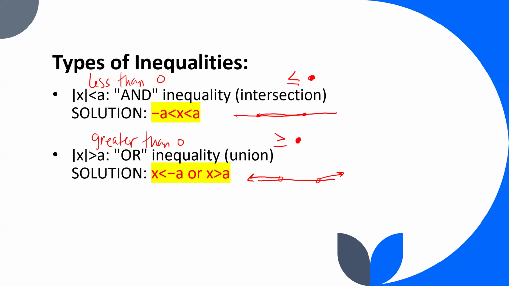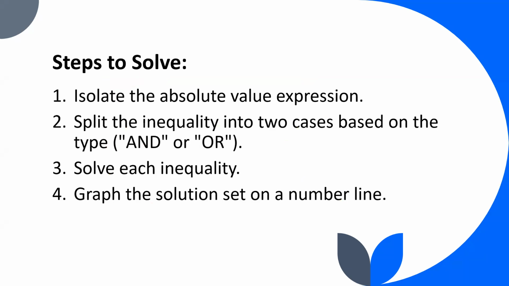All right. So let's talk about the steps to solve these. So the first thing, again, is always to isolate the absolute value. You want to always isolate the absolute value. I try to make sure that I'm isolating it on the left side so that I can read my inequality correctly. So you're going to decide which inequality do you have. Do you have an and situation? And remember, and is going to be our, which one again?